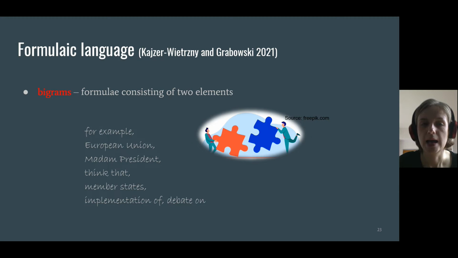And I investigated the use of formulaic language by looking at bigrams. And bigrams are formulae of language consisting of two elements, like, for example, European Union, or think that, or member states, or debate on. So these are formulae that I looked into.